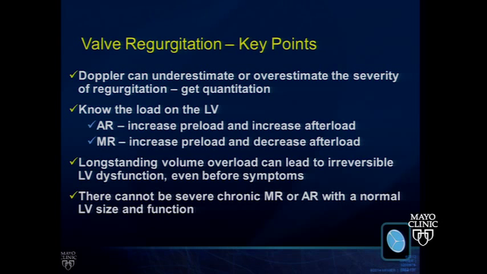And even though it's not standard to do left ventriculograms or aortic roots anymore, they are very, very helpful when you have discrepancies. Number two, that I think is incredibly important, is know the load on the left ventricle. Aortic regurgitation will increase preload and increase afterload, so it will not affect the ejection fraction or myocardial performance. Mitral regurgitation will increase preload and decrease afterload, so it will decrease the ejection fraction.